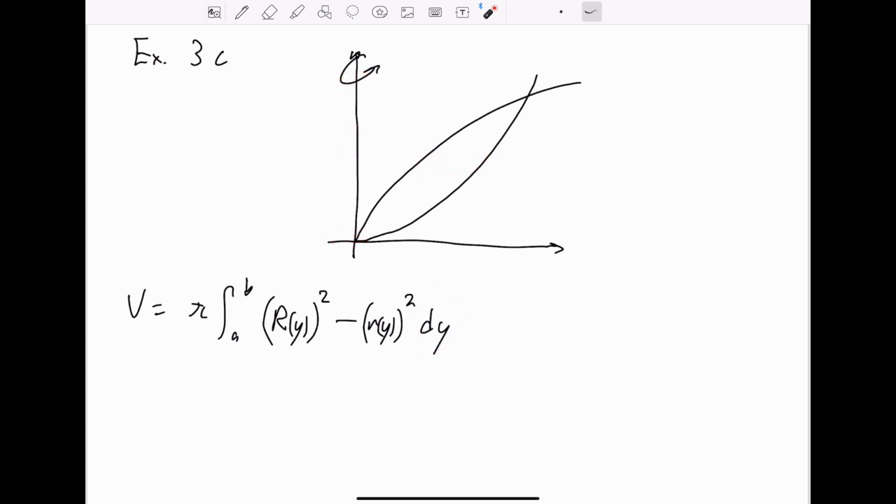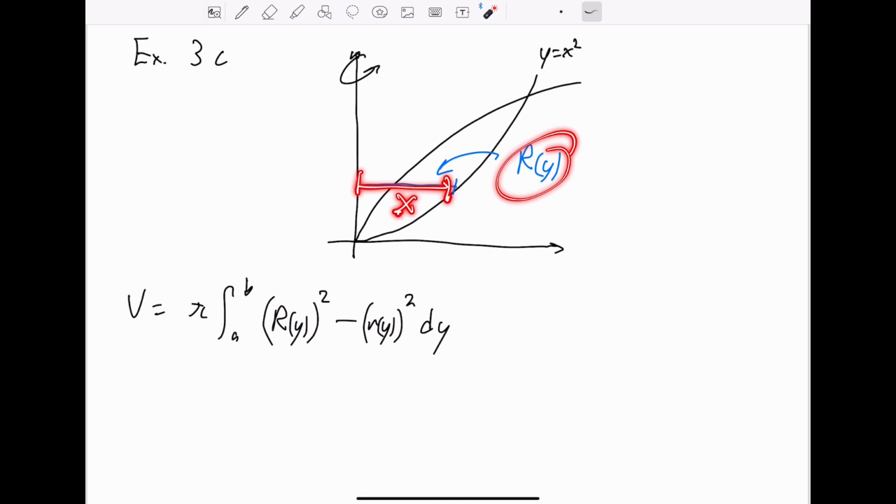So when we think of the distance capital R, this radius, that will now be a horizontal distance. Here is capital R. And this will be in terms of y. Well, how do we obtain this expression? This function is y equals x squared. So capital R of y, in this case, is a distance along the x-axis. This is some x distance.